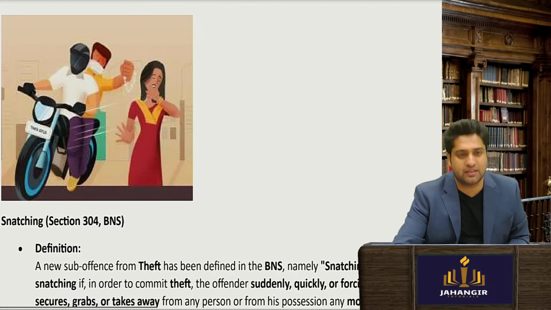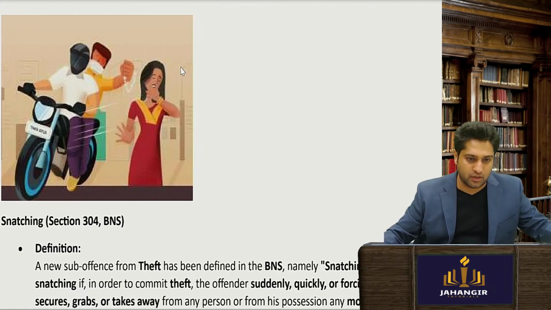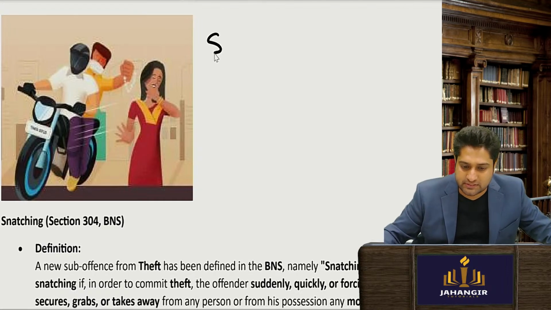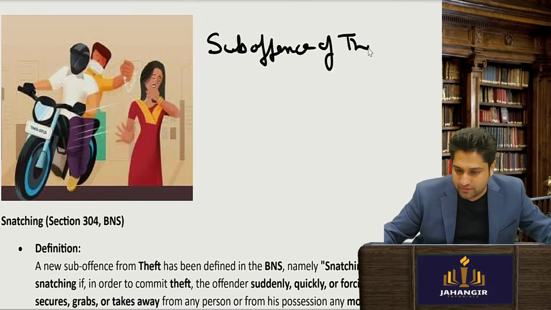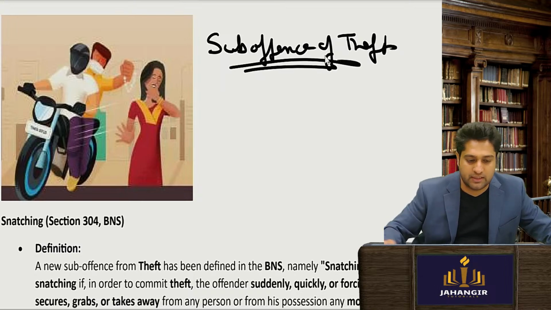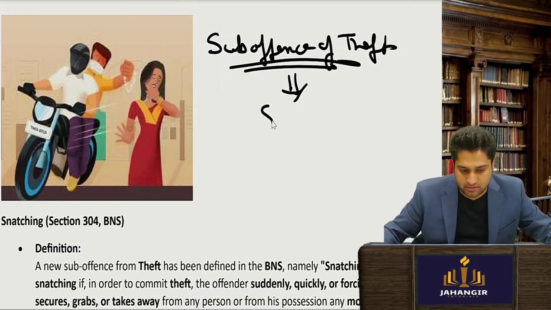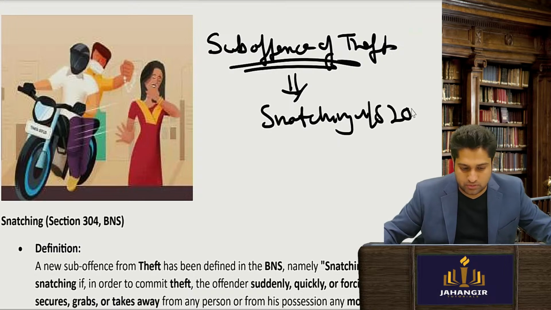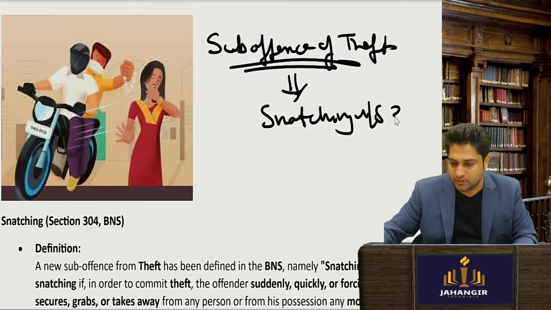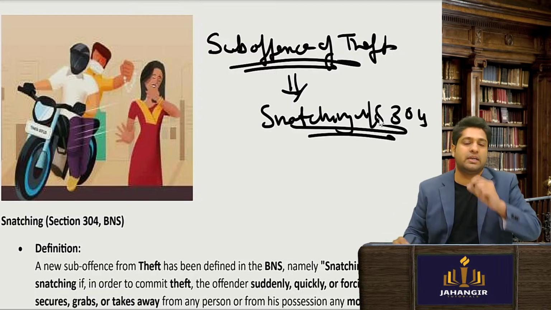Now we'll see a type of theft. First of all, it is a sub offense of theft. It is called snatching under section 304. Now in snatching, what happens?